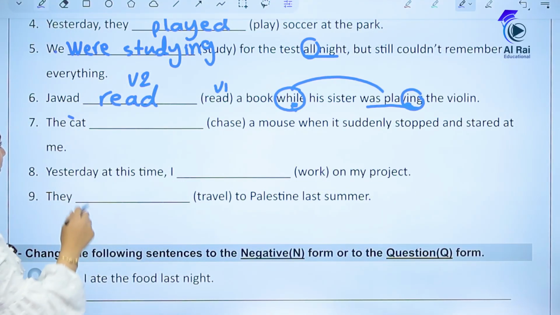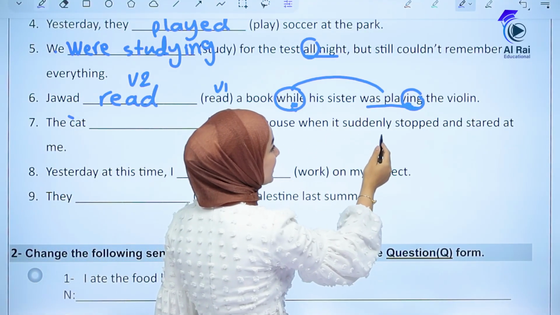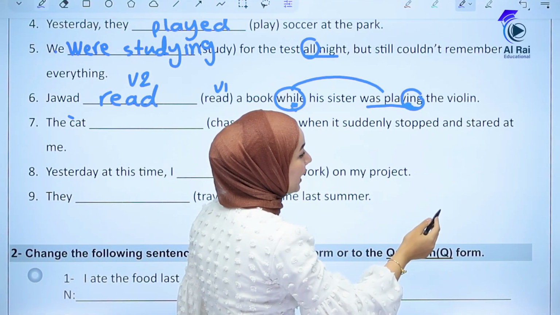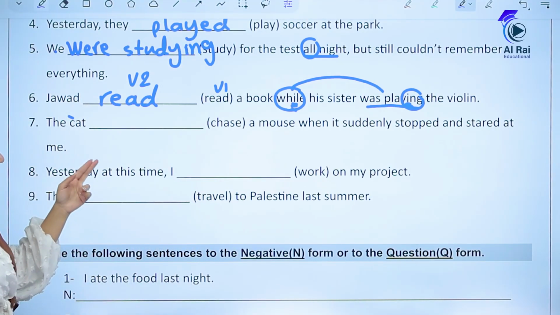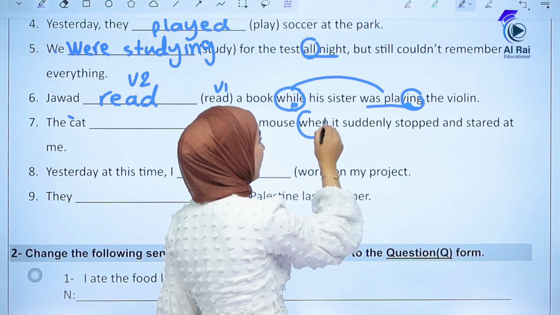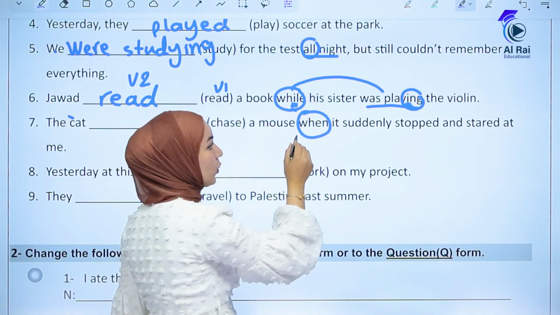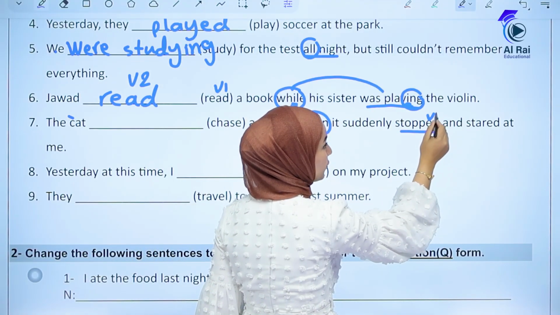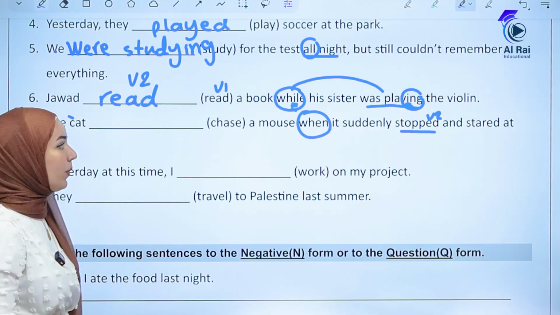With question number 7, the cat chased a mouse when it suddenly stopped and stared at me. The cat blank chased a mouse when. So when, it is a keyword for past continuous. With when, we have verb 2. So the other section has to be was, were, verb ing.